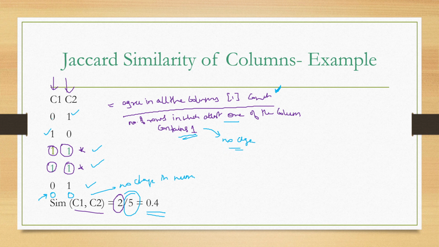So whatever may be the columns, even if there are n number of 0 0 rows, those rows will not be considered while finding the Jaccard similarity. I hope this is understood.